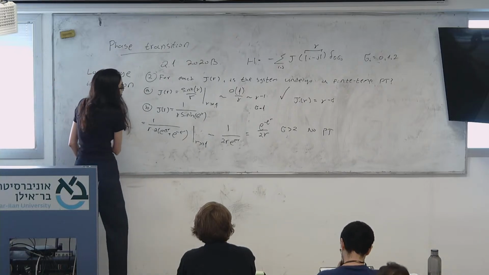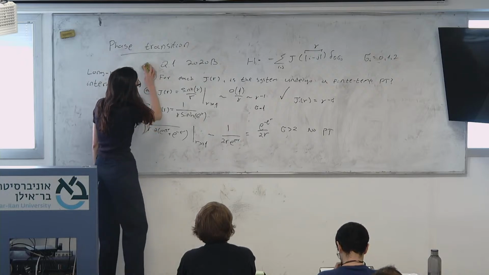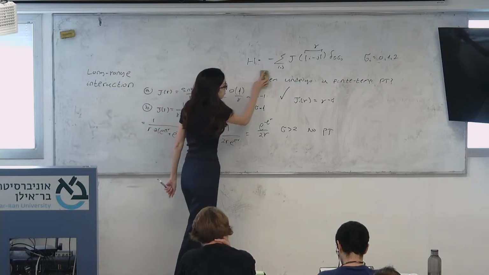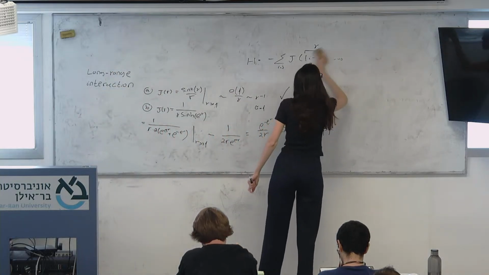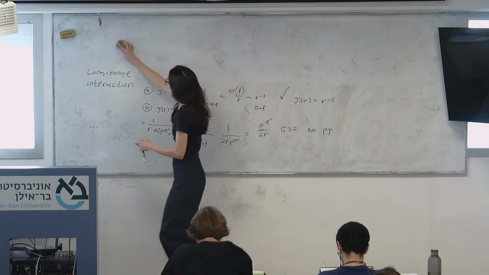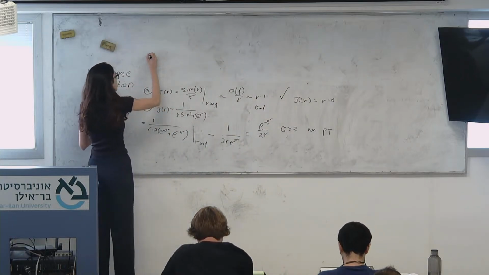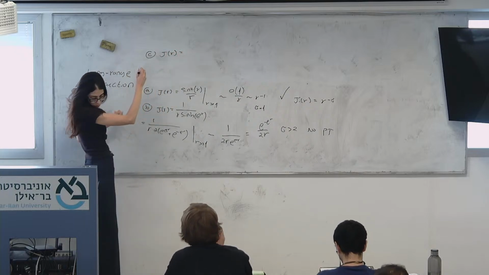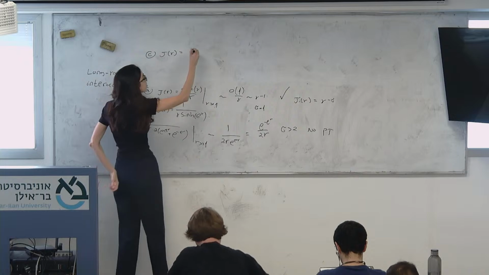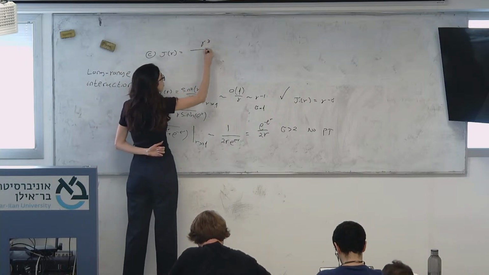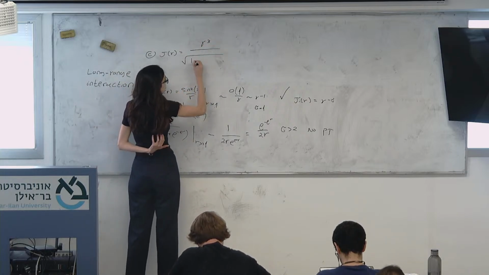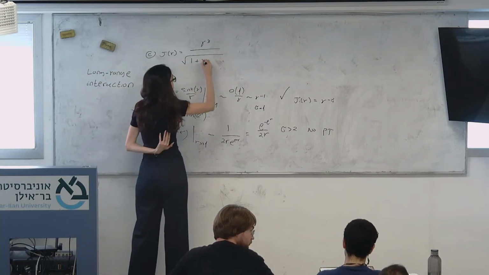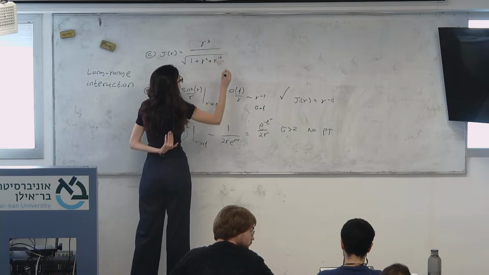And now the last case. So the last one, J of R equal to R cubed over the square root of 1 plus R to the power 5, R to the power of 10.